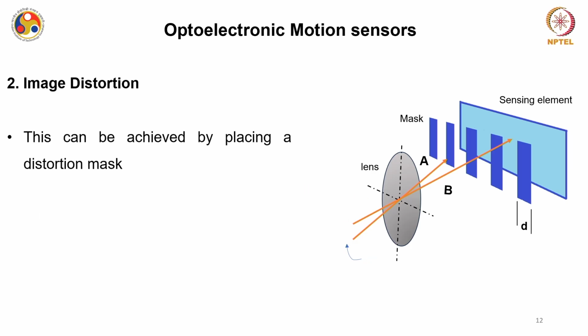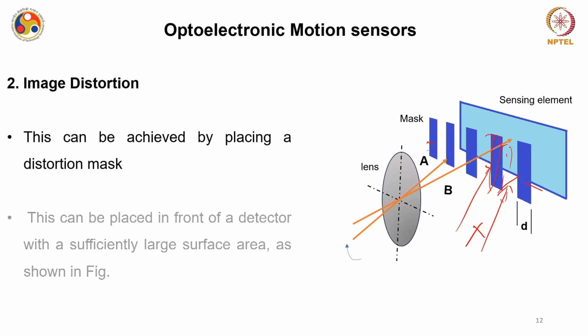This can be achieved by placing a distortion mask. This is the distortion mask. If you see at one place, this blue suggests that this area is blanked, so nothing can pass through this, and there is this area which is open, so light can pass through this particular area.